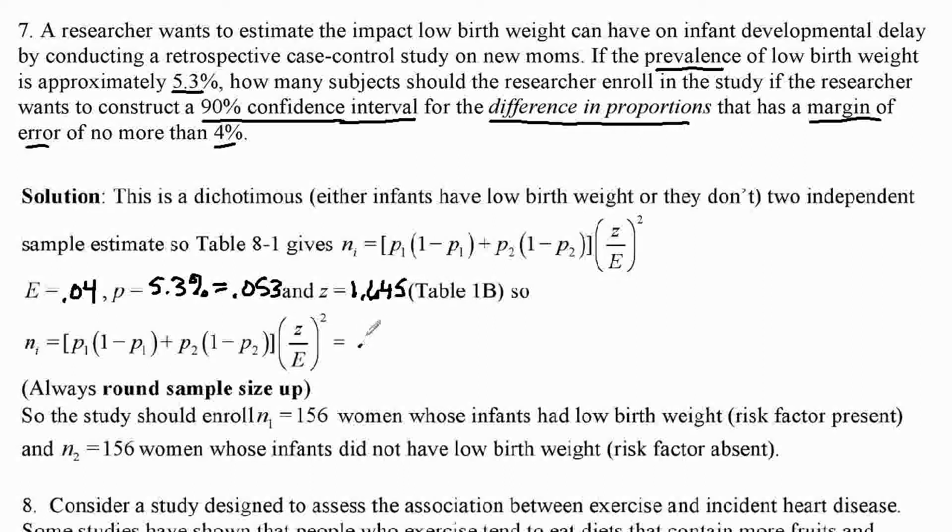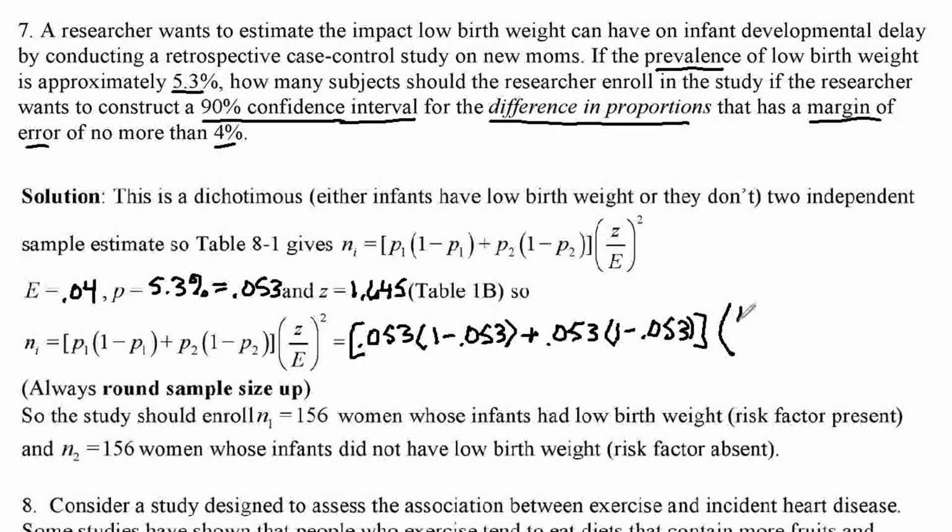So this is going to be 0.053 times 1 minus 0.053, and then plus P2 is the same, 0.053 times 1 minus 0.053, and now that gets multiplied by z over e squared. So our z-value is 1.645, and then our margin of error was 0.04, and that gets squared.